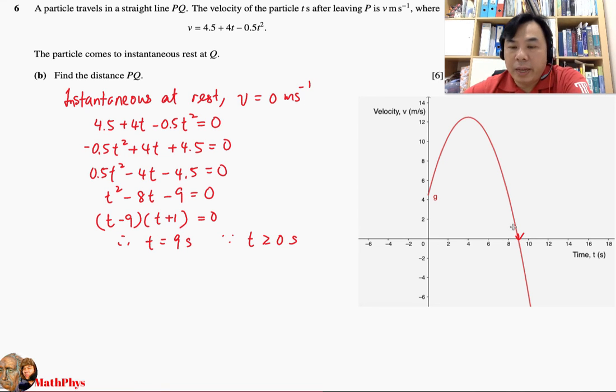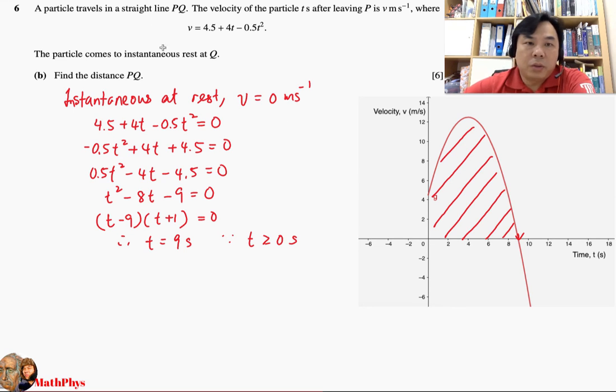So what they are actually referring to is the distance here. We want to find out how far it has traveled when it reached instantaneously at rest here. All right, so all we need to do is to find out the area under this graph here. In order to find this area, that would be given by distance PQ.